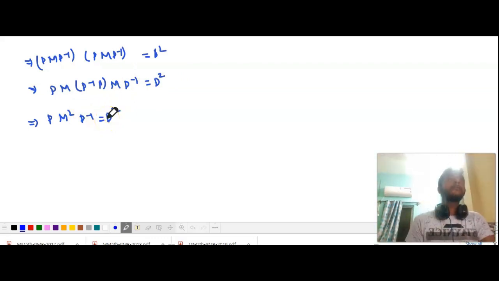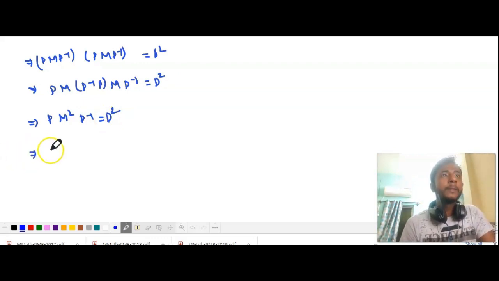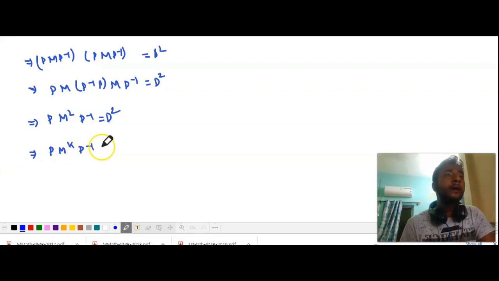So inductively, if we multiply k times, we can write P inverse M to the power k P equals D to the power k, right?